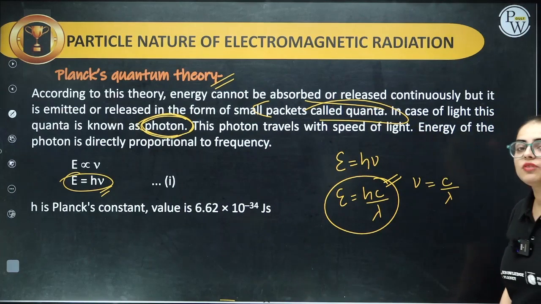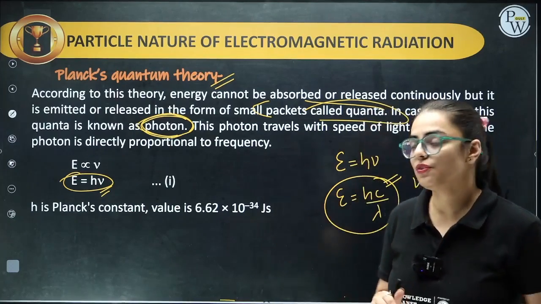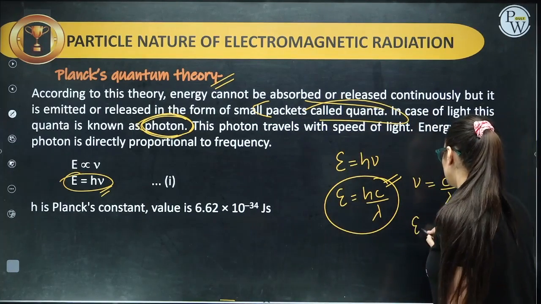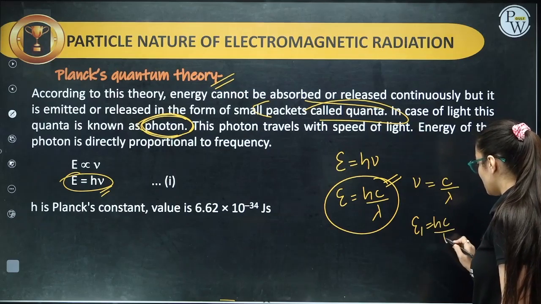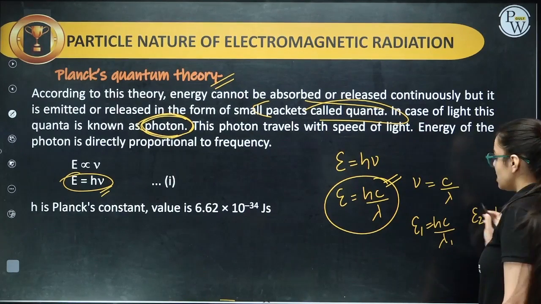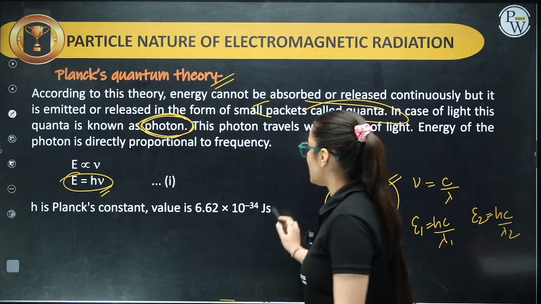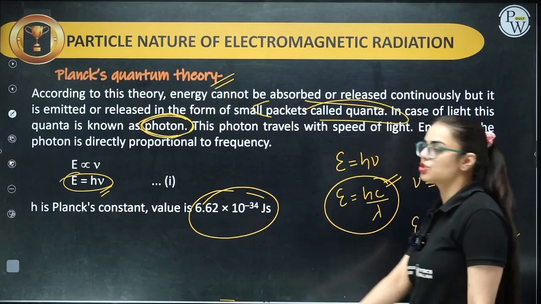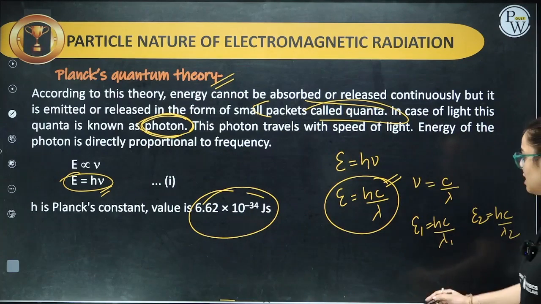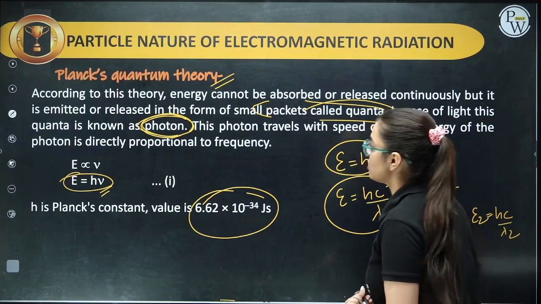They can give you two lights with different wavelengths and ask you to calculate the relationship between both of the frequencies. So you can say E1 is equal to hc by lambda 1, E2 is equal to hc by lambda 2, and you can divide both of them and find the relationship. Planck's constant h value is also given to you, 6.62 into 10 raised to the power minus 34. Again repeating, these two formulas are really very important, and questions are generally asked from them.